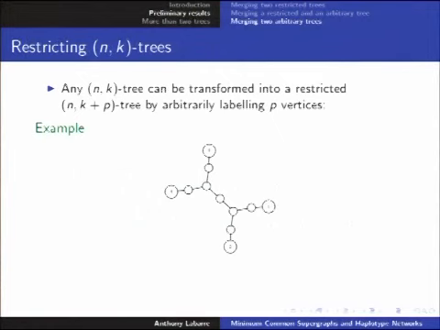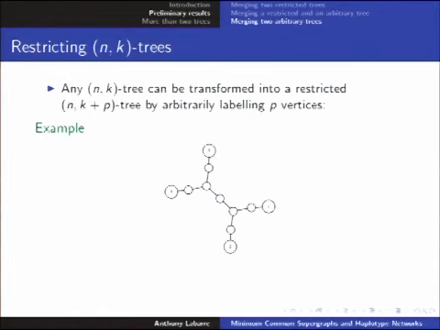And then we can use those results to derive an algorithm that will solve our problem on two arbitrary trees. Since we know how to merge restricted trees, we'd like to get back to restricted trees and use the algorithms we have. If I take this tree that is not restricted, I can easily transform it into a restricted tree by assigning labels to some vertices.